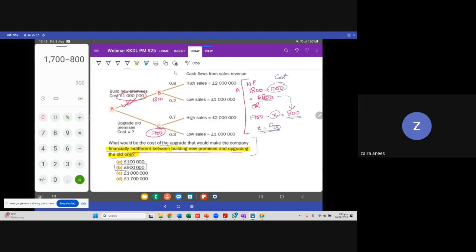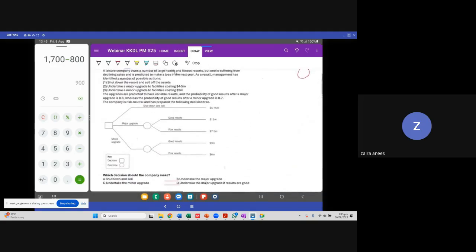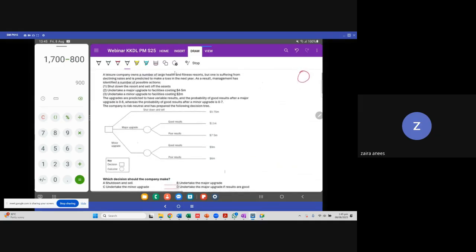All right. So that's basically how we can do the decision tree part, right? This is something which I will share on your WhatsApp so that you can do it on your own, and then you can mark the answer, right? So we are not starting risk and uncertainty today.